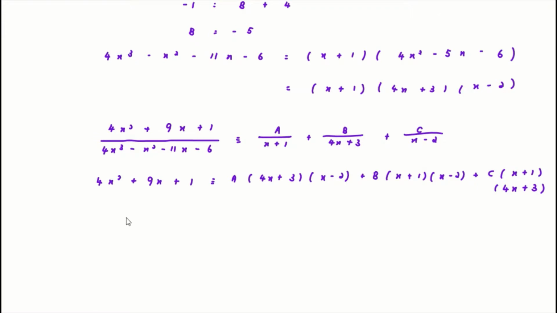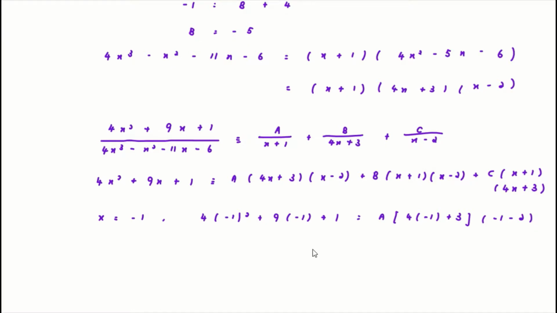So in this case, let's start with x equals negative 1. So 4 times negative 1 squared plus 9 times negative 1 plus 1 equals a times 4 times negative 1 plus 3, times negative 1 minus 2.